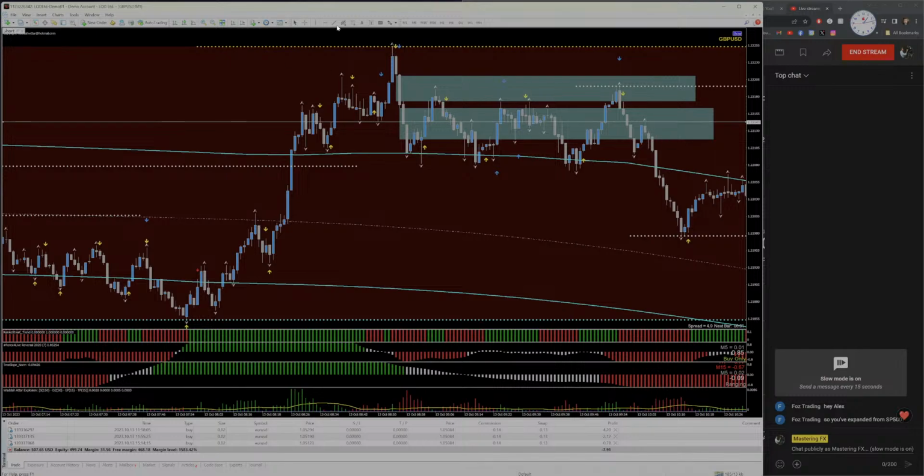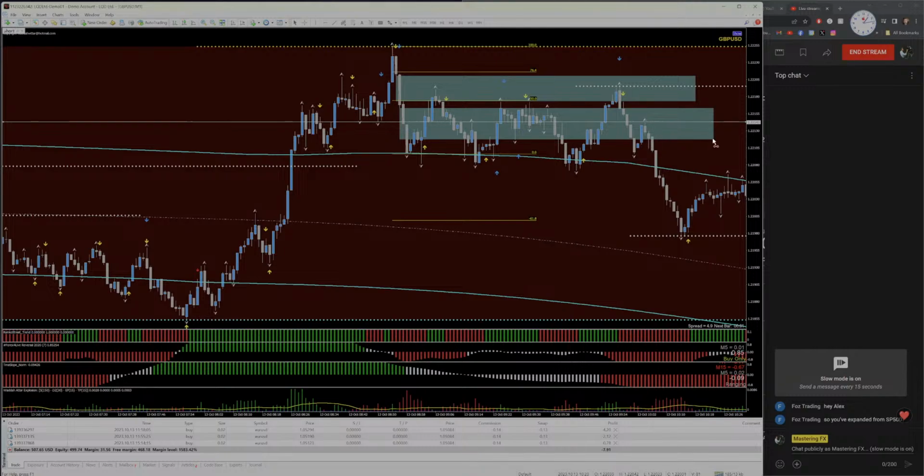However, if you take a fib level from the high to low of the move that we have here, we can see that this is in a discount zone. We want to sell from a premium area. So this fair value gap is in premium, this one is in discount.